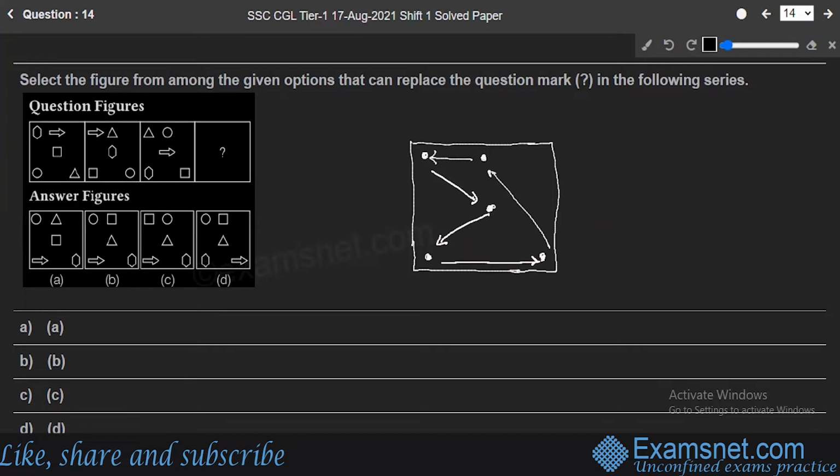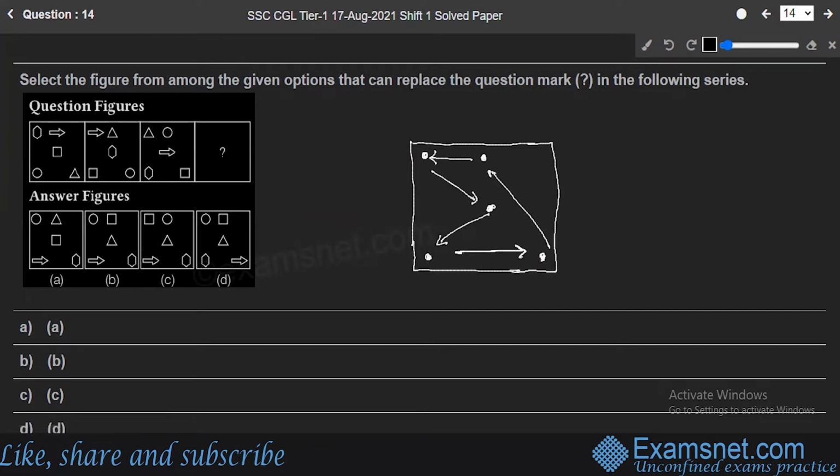If you look at this hexagon, this hexagon has moved to this position, right? And then this hexagon has moved to this position. See, the cycle is surely this one only, right?